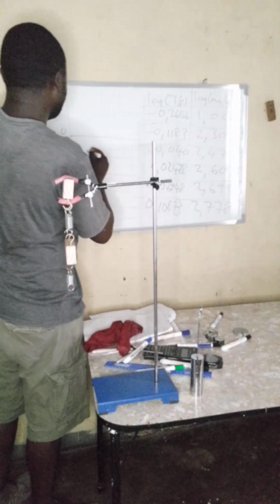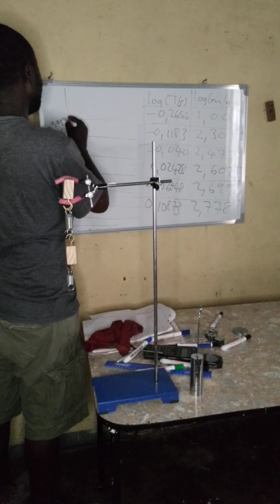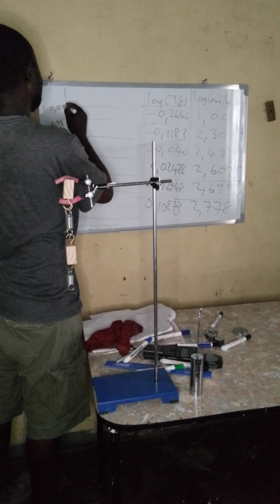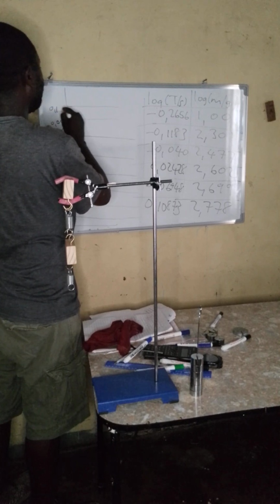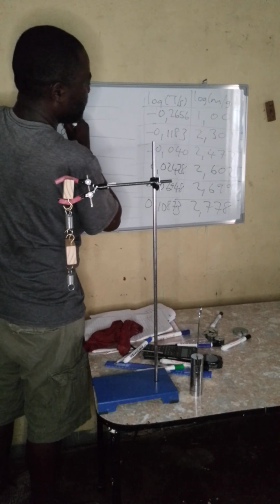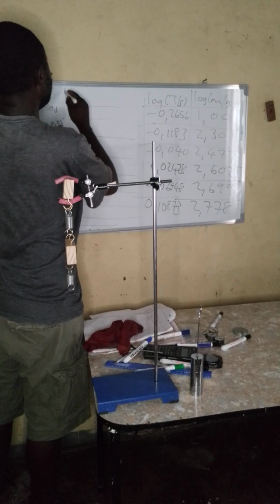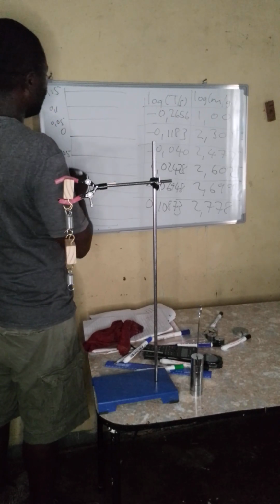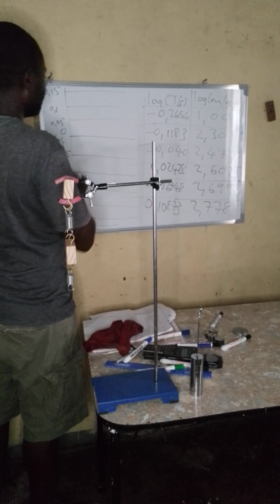Then we have 0,05, another 0,05 there, 0,1, and then another 0,15, right? So this is log t in seconds.